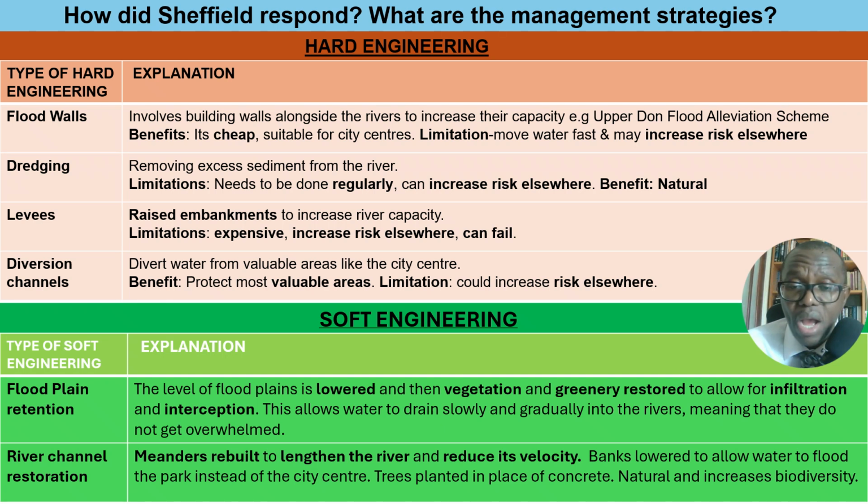But the problem with them, or the limitations, is that they are expensive and they can increase the risk of flooding elsewhere. Okay, then you have diversion channels. Now, diversion channels, like the name suggests, is where you divert water from valuable areas such as the city center. So you dig out channels that take the water away from that built up area, so that it does not get to it and cause flooding there.